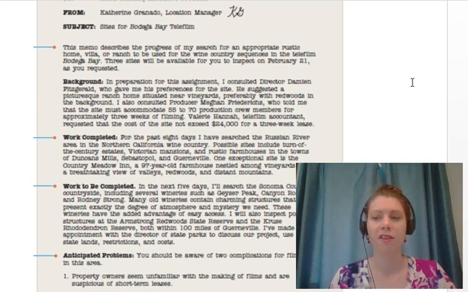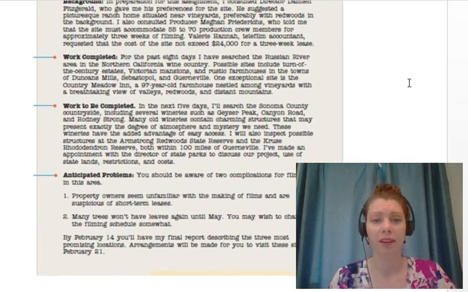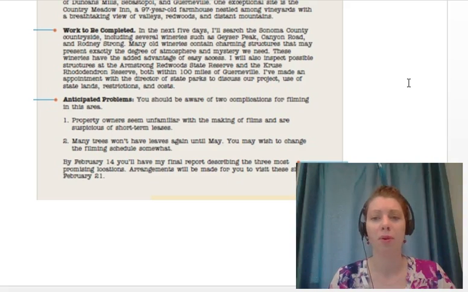Okay, and then she tells us about the sites and the project she's working on. Then she goes into telling us about the work that she has already completed. Then what needs to be done. And finishes with some anticipated problems.